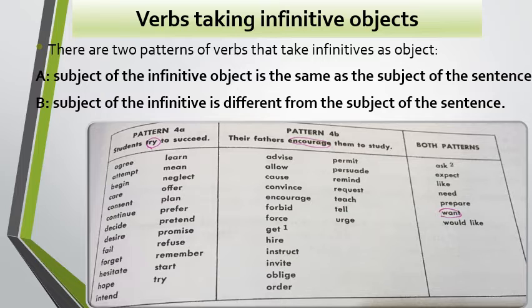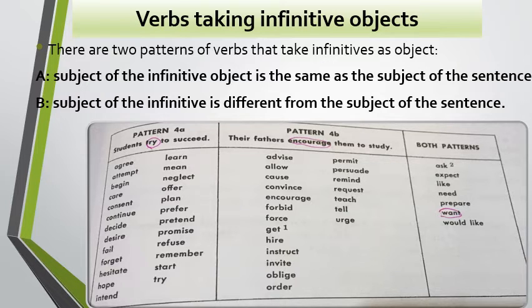We can see that for some of them, the subject of the infinitive object is the same as the subject of the sentence. Just like in my previous sentence, students want to study hard. And here we have this list, students try to succeed.